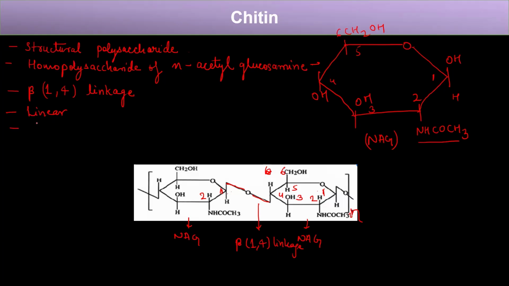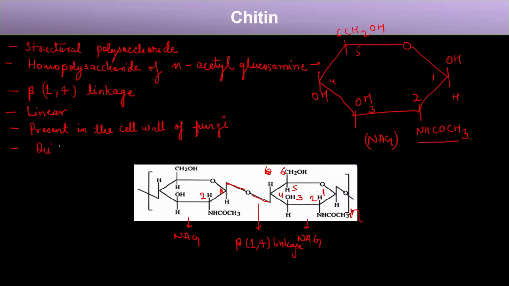Now, where is this chitin present? So chitin is present in the cell wall of fungi. It is a component of the cell wall of the fungi. And apart from fungi, it is also present in the arthropods. Okay.